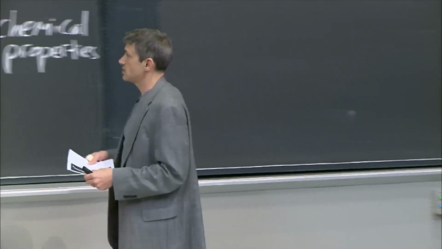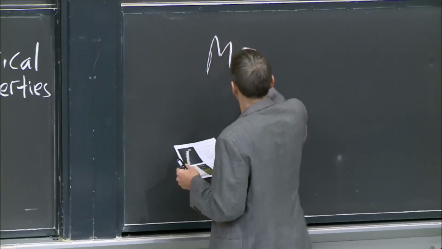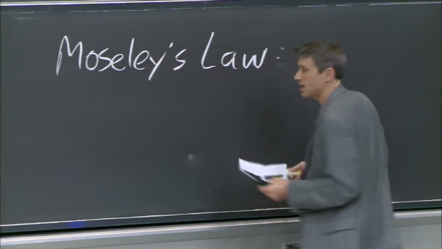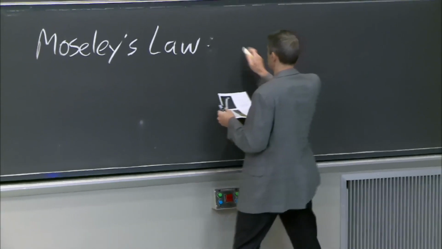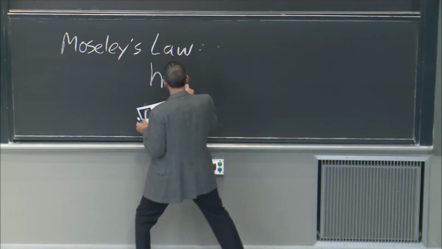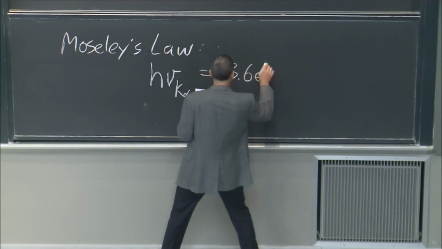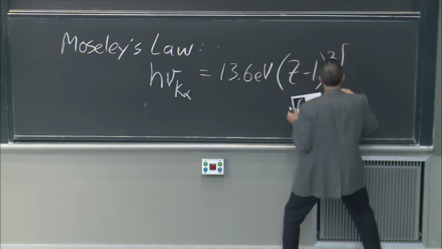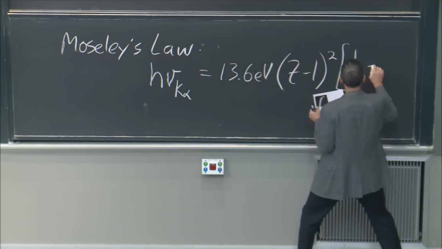Moseley's experiments told us. They gave us the why. Oh, it was so important. And Moseley's law was essentially him thinking about the Bohr model for these characteristic X-rays. So he said that h nu, the frequency for some K alpha line, is equal to 13.6 eV, oh, that looks familiar, times (Z minus 1) squared, and then he did the difference in energies, just like we've done a number of times in this class.